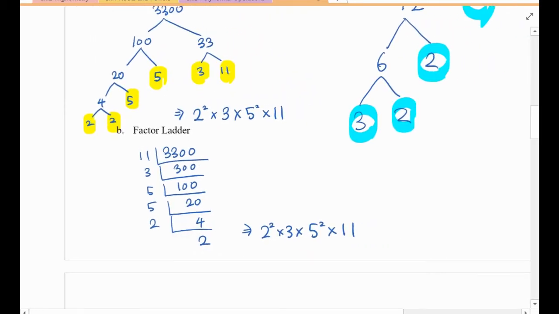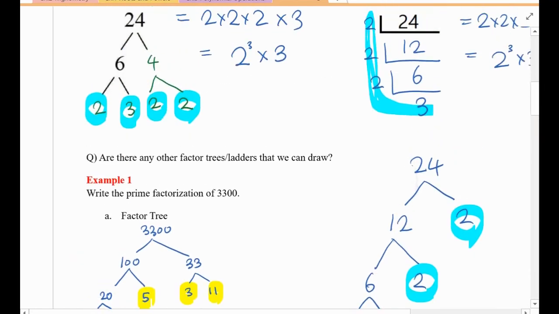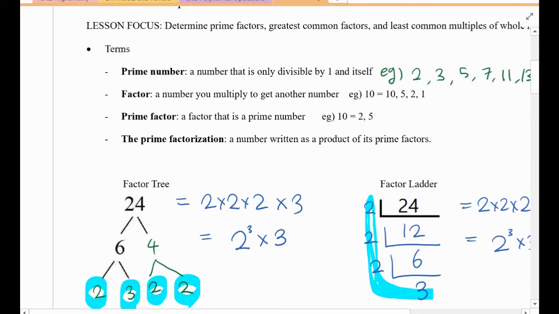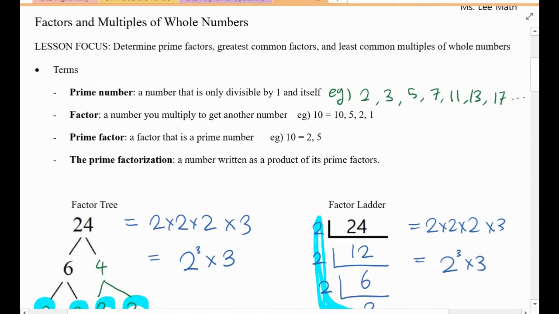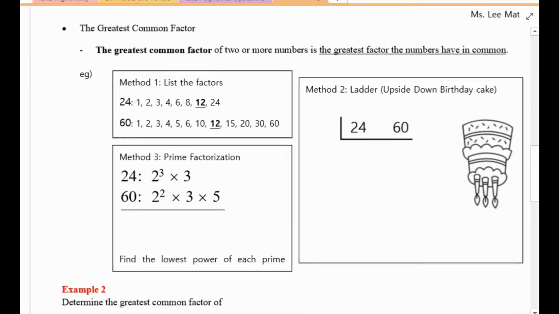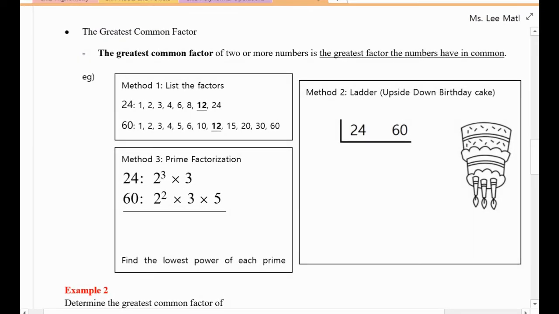Okay, so this is how you find the prime factorization of a whole number. Let's move on. We're going to learn about GCF, which is greatest common factor. Do you guys remember what the greatest common factor is?